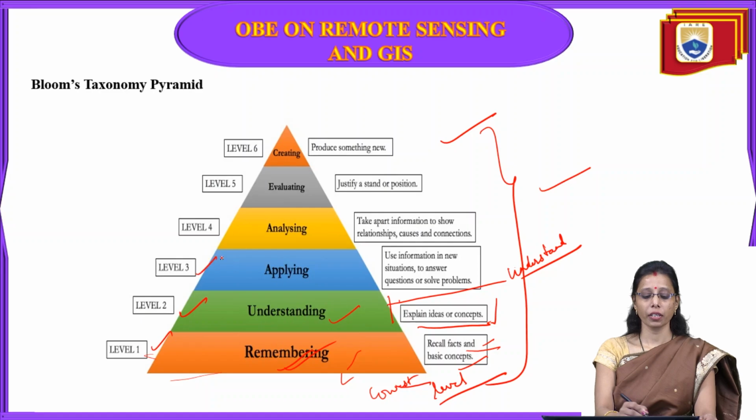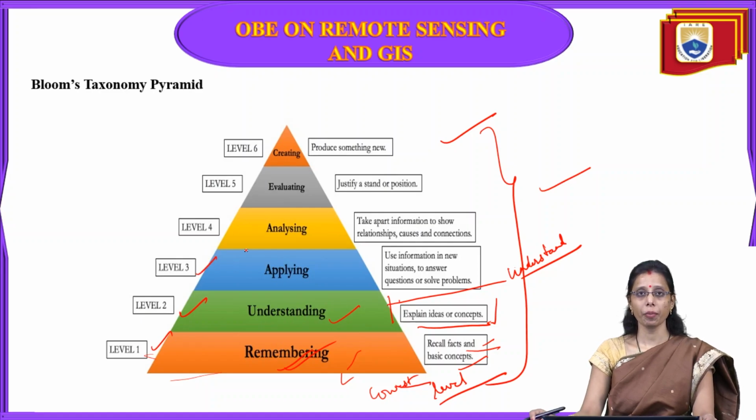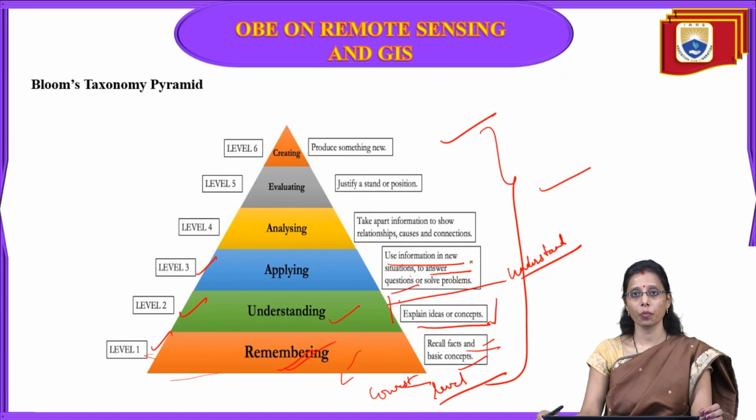Now coming to level 3. Level 3 is applying. This type of question is given to the student, and to answer it he has to use the information, use the information in new situations to answer questions and to solve problems. He has to use the situations, the solutions and the information about the new situations, and then try to answer the questions and solve the problems.